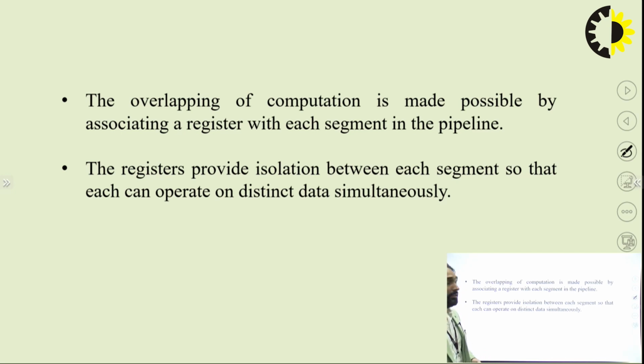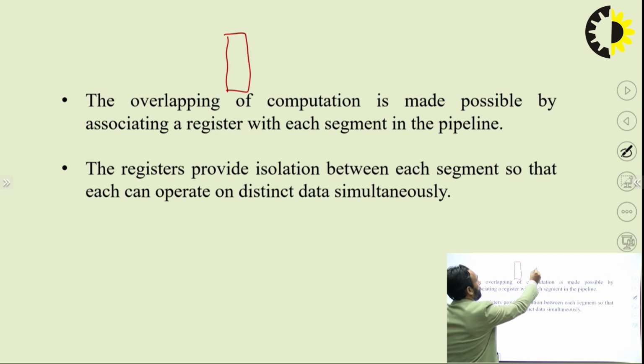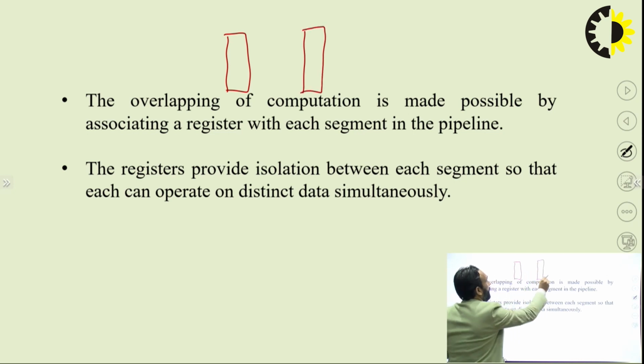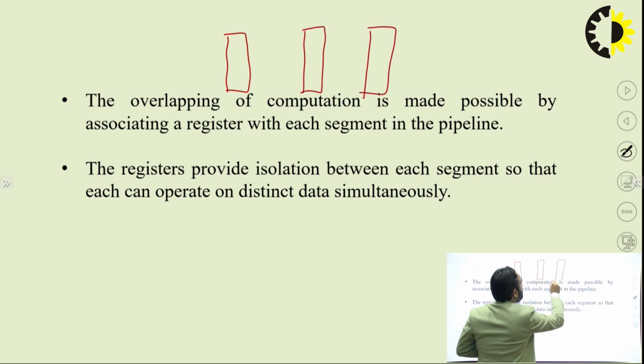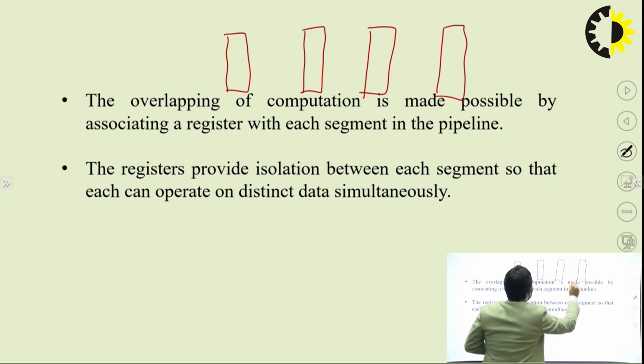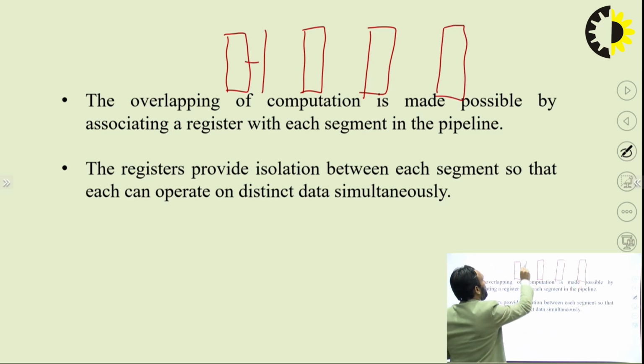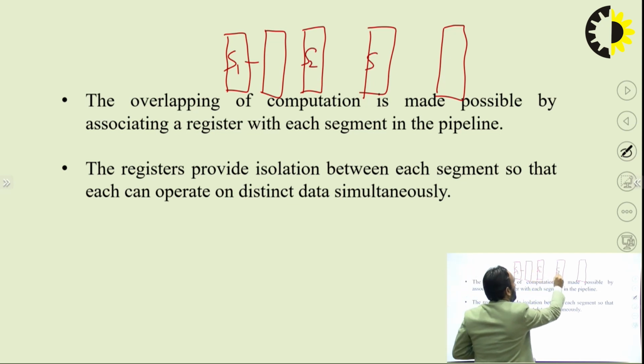As I said earlier, in pipelining we use different registers after each segment. For example, we divide an instruction into a 4 segment, then we place here it's segment 1, segment 2, segment 3, segment 4.